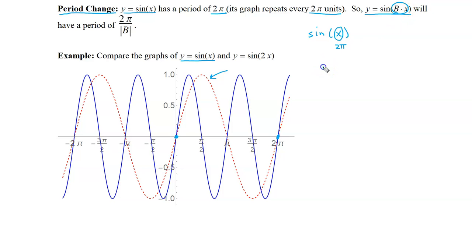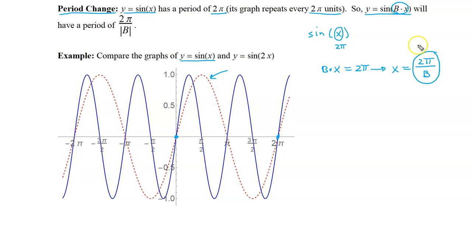So if we set b times x equal to 2 pi and solve this equation for x, that will tell us how long it takes for this function to start repeating again. And solving this for x, we simply get 2 pi over b, and that tells us our period for the function sine of b times x.